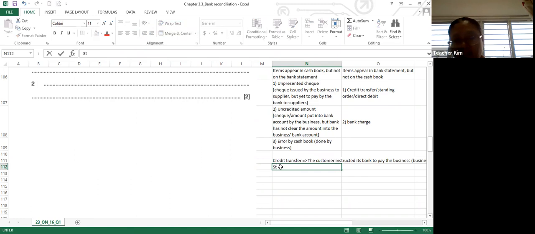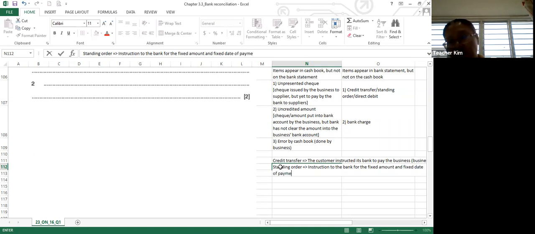Whereas standing order normally is when we have a fixed instruction to the bank for a fixed amount and fixed date of payment made to a supplier.